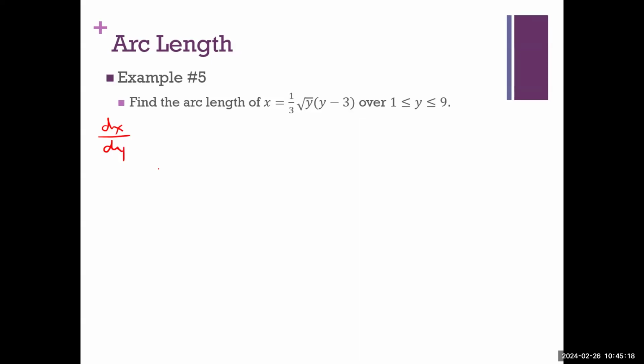How do we find derivatives like this? Could do the product rule, or you could just distribute. Yeah, I think product rule would work, but I'm going to try to get away with not doing it. So if I distribute, I get 1/3 times y to the 3/2 minus y to the 1/2. So what's that derivative in terms of y?